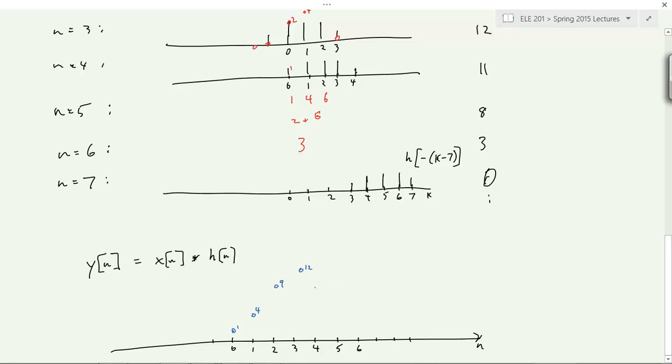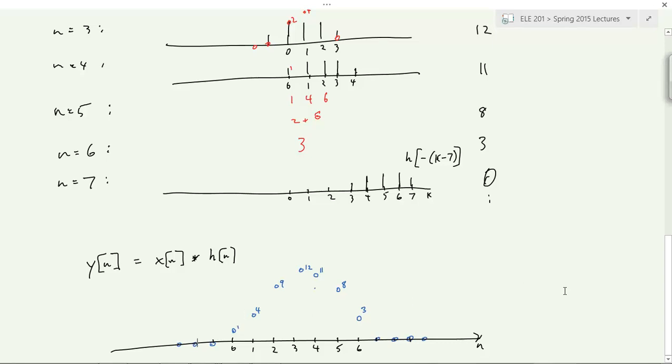and then we could have 11, and then we have 8, and then we have 3, and then we're down to zeros. And we were zeros over here too. So that is the output signal. Okay, that's the convolution of these two inputs.